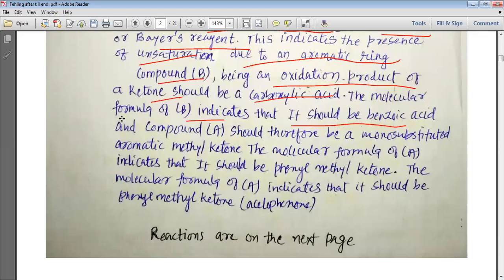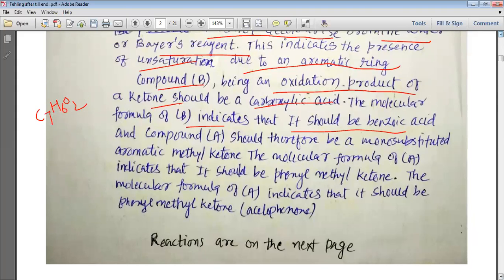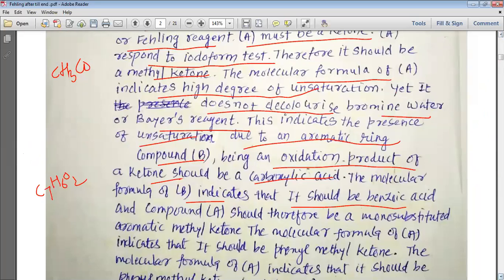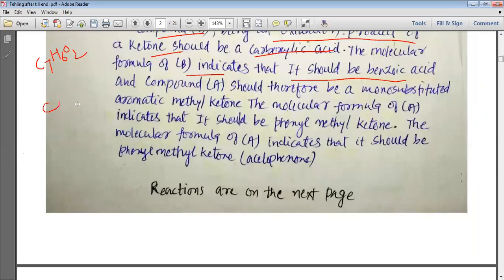You know what the molecular formula was? The molecular formula was C7H6O2. This is the molecular formula of our compound B. The probable formula is C6H5COOH.